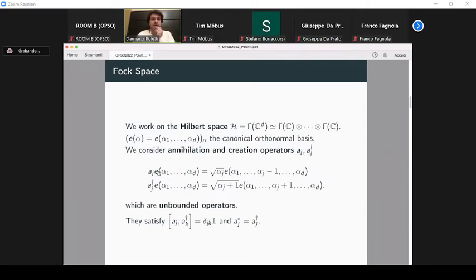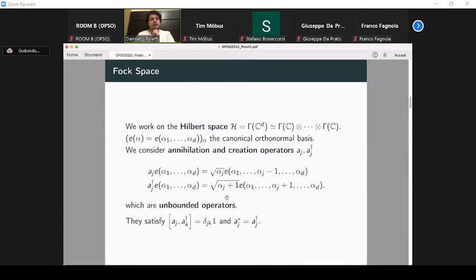For example, the annihilation operator lowers the particle number in mode J, and similarly the creation operator raises the particle number in mode J. Due to the coefficients that appear in front of the basis, these are unbounded operators, so one of the themes of the talk is that we are dealing with unbounded operators.